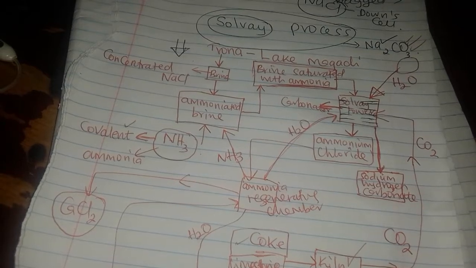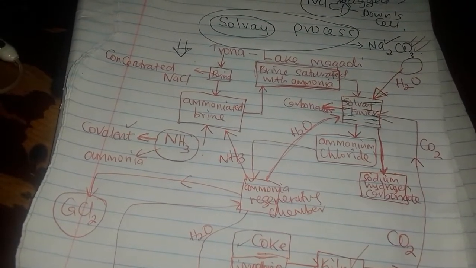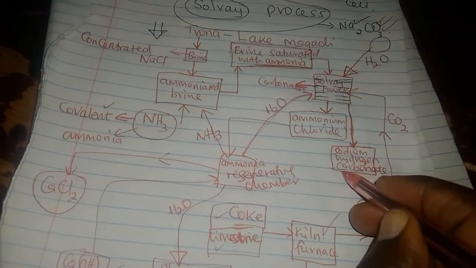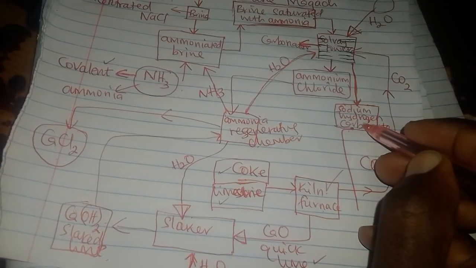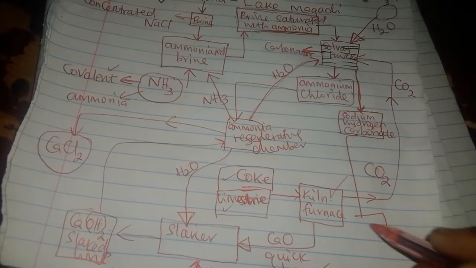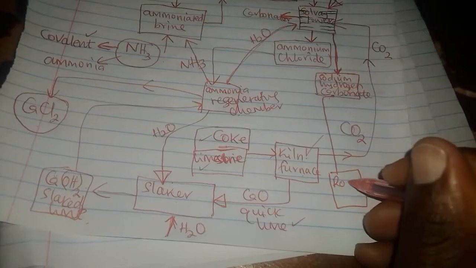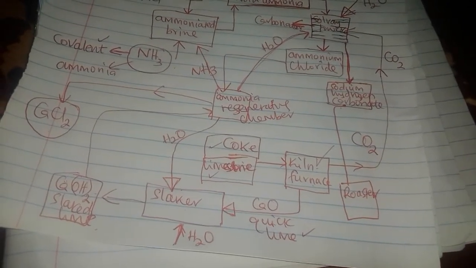So that is it, and I may want first to look at what I can get out of this point. I left this point without further discussing it. This sodium hydrogen carbonate that comes from the Solvay tower can get introduced into what you call a kiln or a roaster, where roasting takes place.